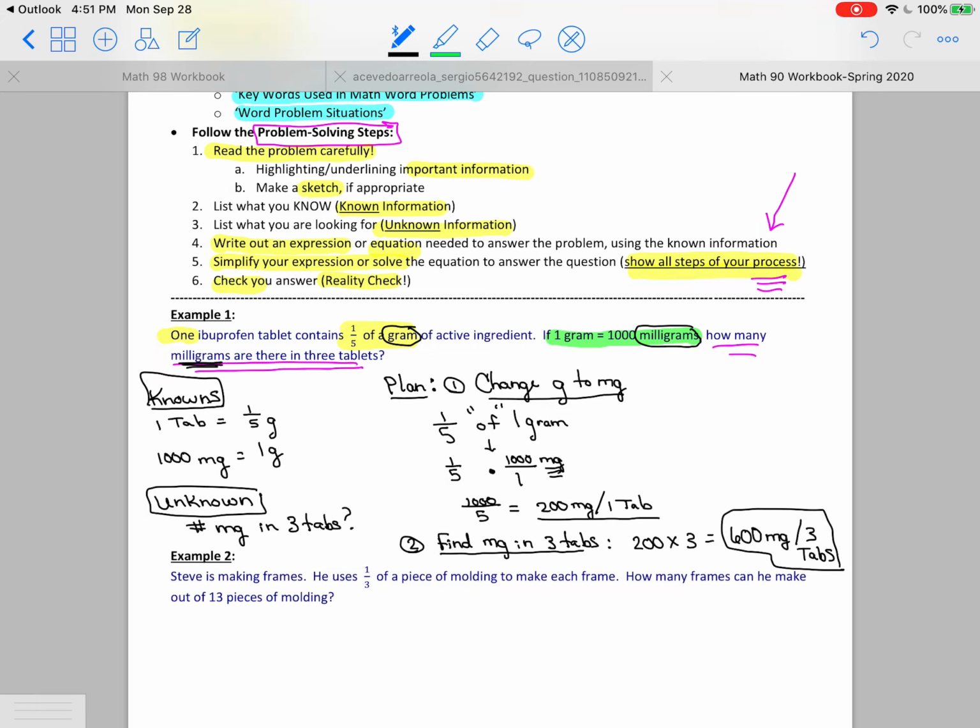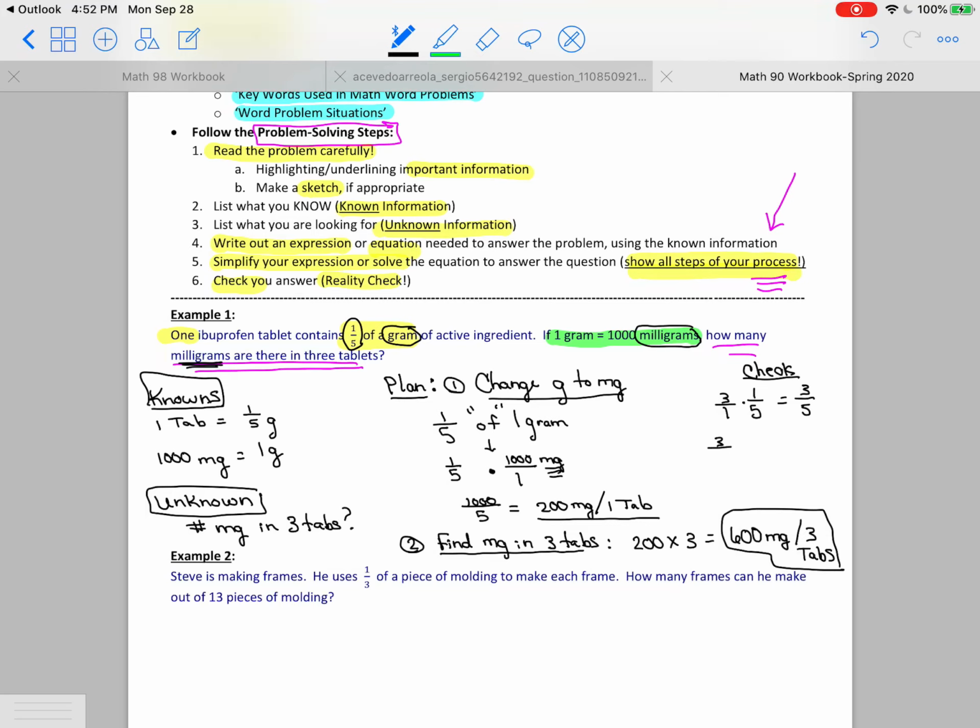Okay, so far we've answered that question. We think this is a good answer here. It makes sense to me, but let's just double check. We can always do that. And in fact, this time we can check really thinking about the math. If we think about the fact that this 1/5 up here was for 1 tab, right? I can actually just multiply that by 3 for 3 tabs, right?